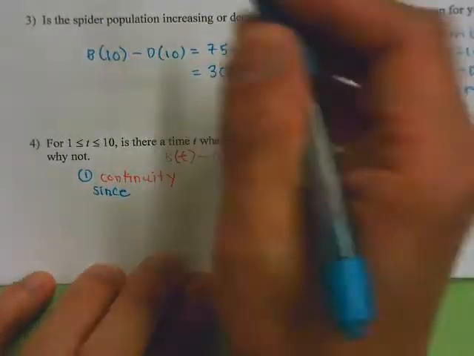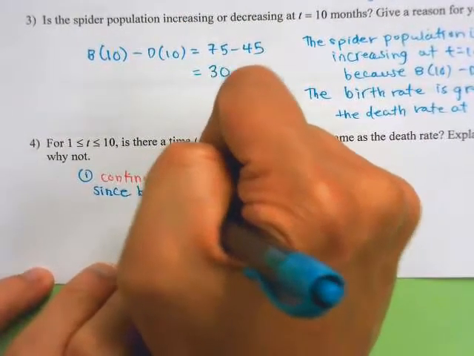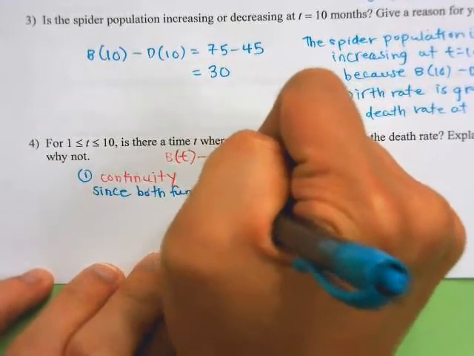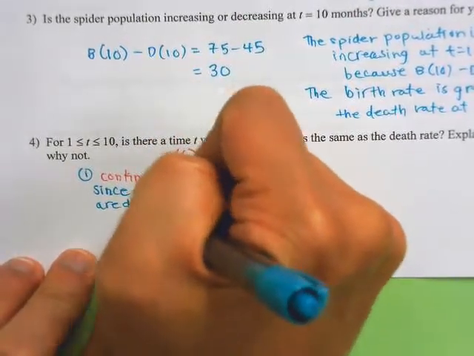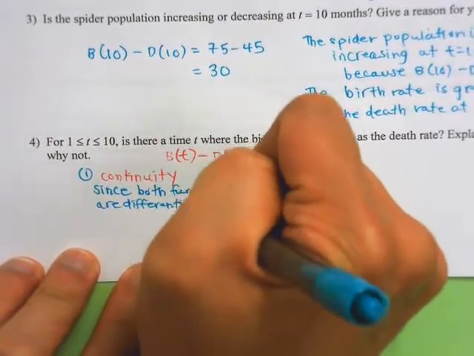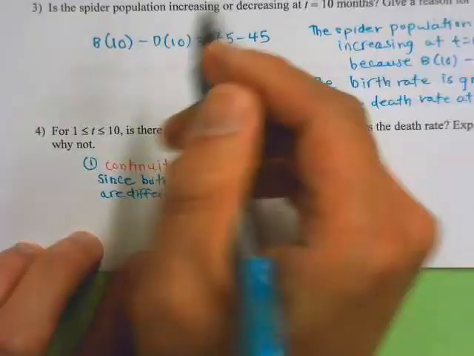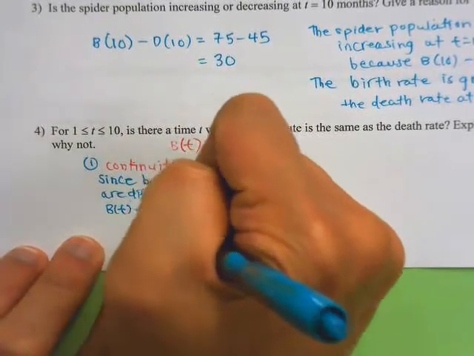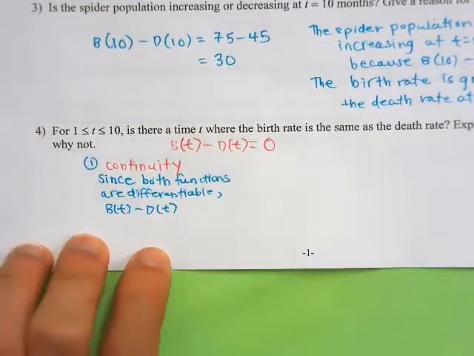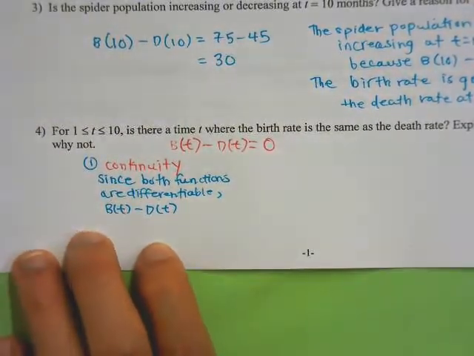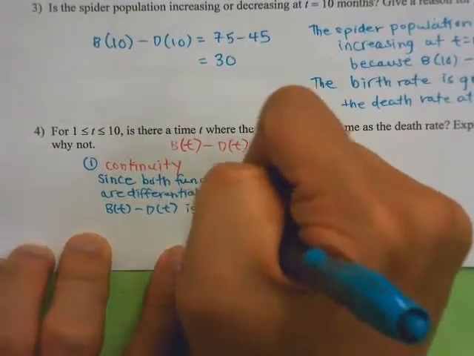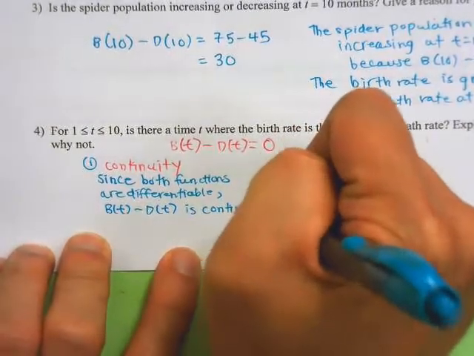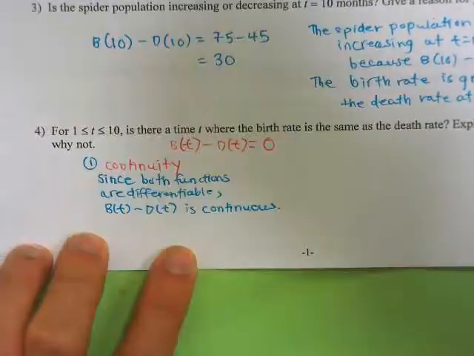So, since both functions are differentiable, you can just set this one up already. B of t minus d of t, whether you add them or subtract them, is continuous. Step 1, state continuity.